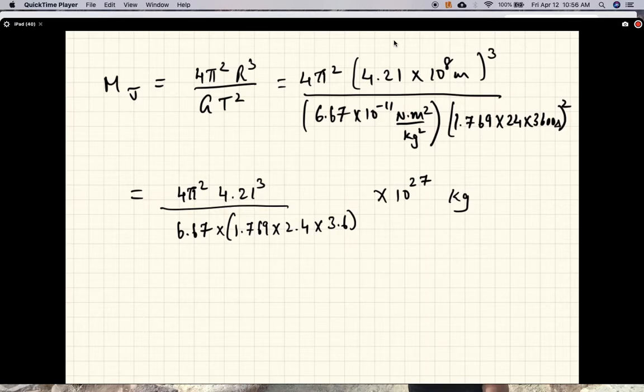So that's the numerical factor. Okay, let's evaluate this.